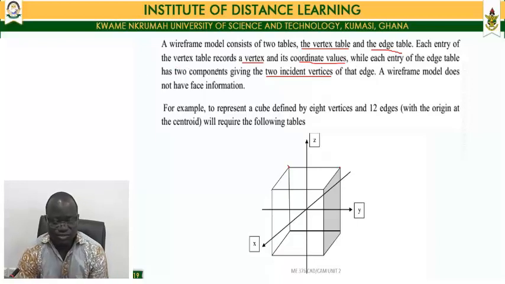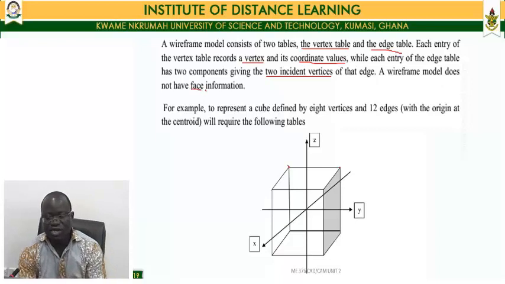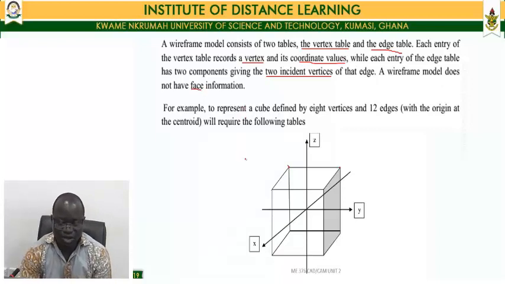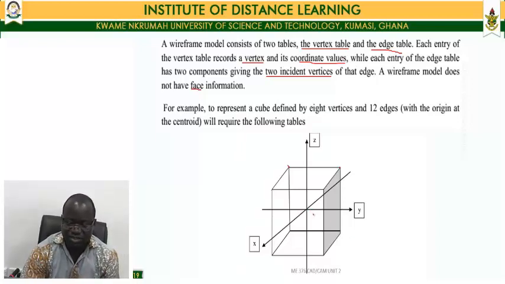So let's use this example of a cube to display what we mean by a vertex table and an edge table for a wireframe model. If you look at the cube here, it is defined by 8 vertices.